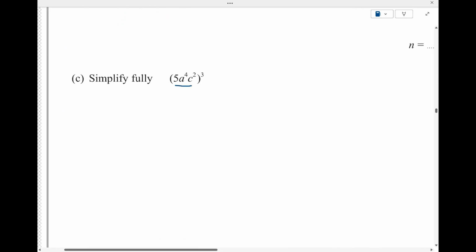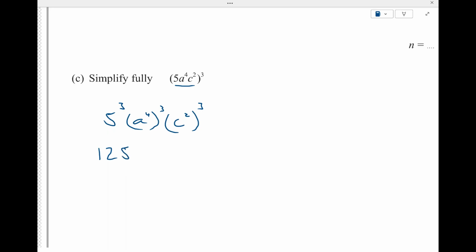Simplify fully. So I've got something cubed, so I'm going to cube each of the things. 5 cubed, a to the 4 cubed, c squared cubed. Right, 5 cubed I can do on my calculator, 125. Now this, you need to know your rules of indices.